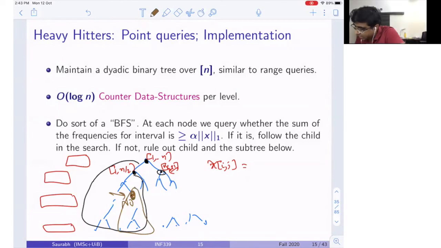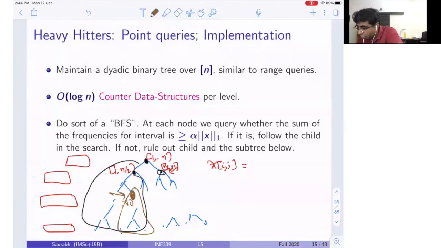It was storing the sum of all those x_i's below it as leaves. Now, if the estimate of the sum itself is less than alpha times the norm of x, is there any hope of going below here? Can we find a heavy hitter in this subtree at all?